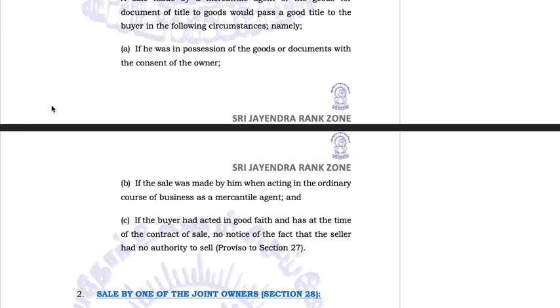If the buyer acts in good faith, having faith that whatever this gentleman is selling belongs to him, and did not know that he is not the original owner, then his right is protected and he gets a good title, because a mercantile agent has a right to sell and has authority from the owner.